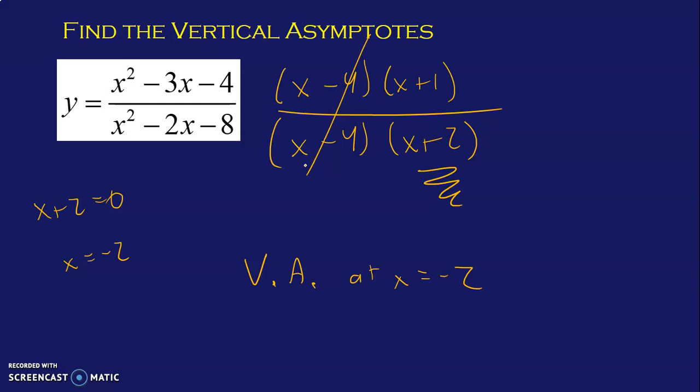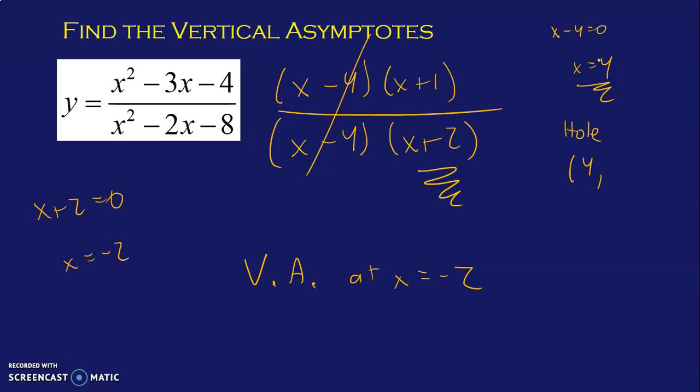This x minus 4 factor, if I set that equal to 0, I end up getting x equals 4. This is not going to be a vertical asymptote. This is where I would have a hole, and if I wanted to know exactly where the hole is, I would take 4 and plug it in here.